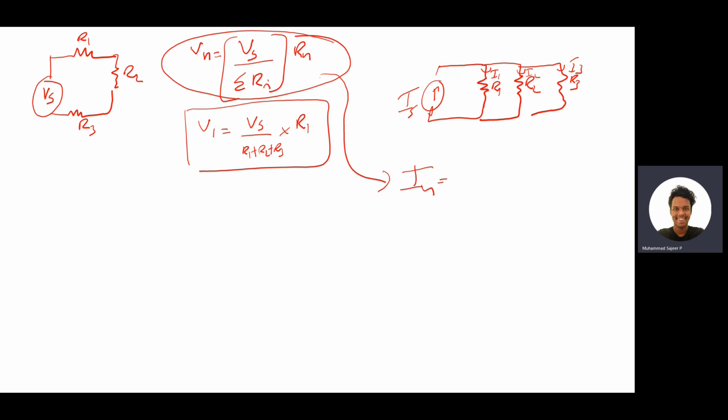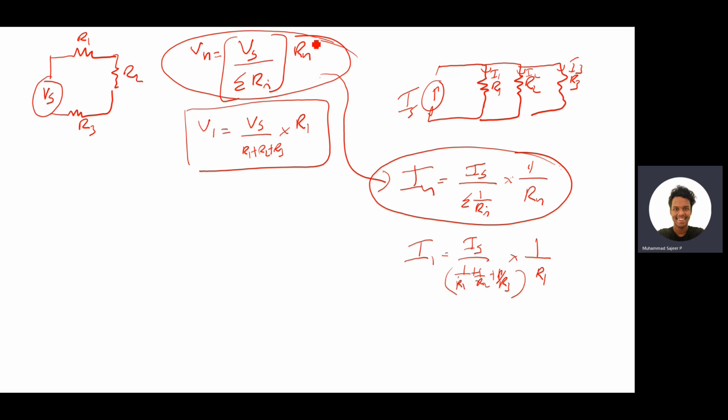For example, if you are finding In in the generalized case, then Is divided by, instead of sigma Ri, sigma 1 by Ri, and into, instead of Rn as in the voltage divider, 1 by Rn. For example, if you want to find I1, it will be Is divided by 1 by R1 plus 1 by R2 plus 1 by R3, into 1 by R1, right? So this is the equation for current, and this is the equation for voltage. These are the voltage divider and current divider rules.